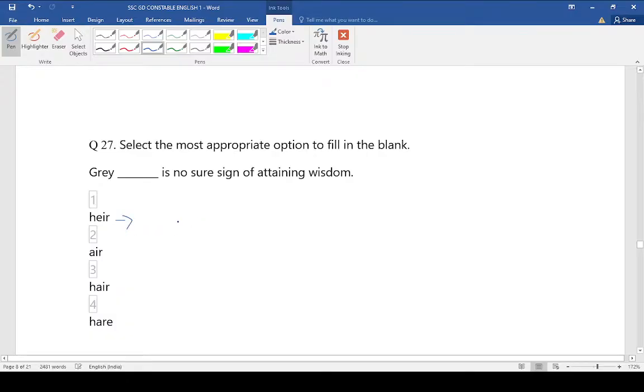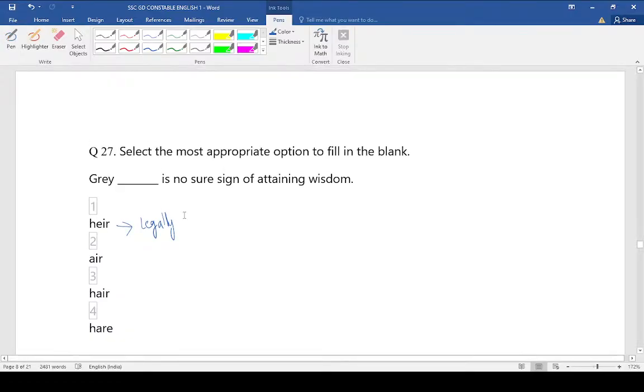Here this heir means legally entitled to the property.